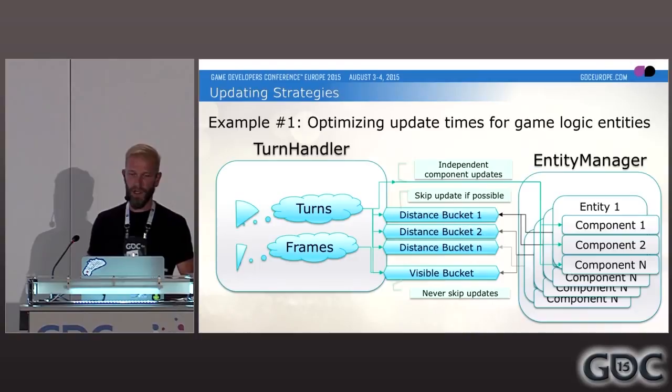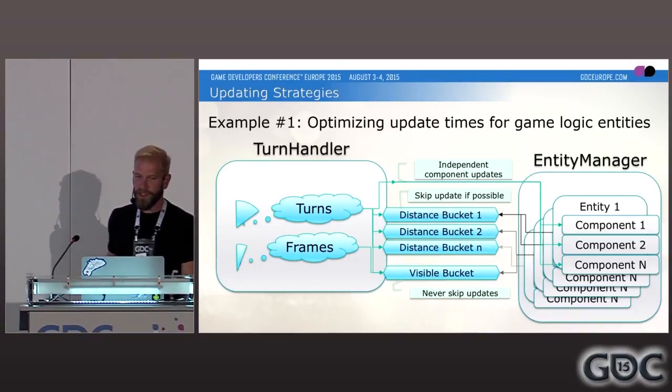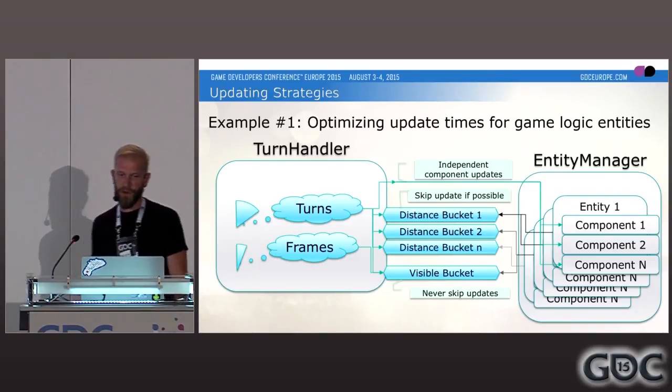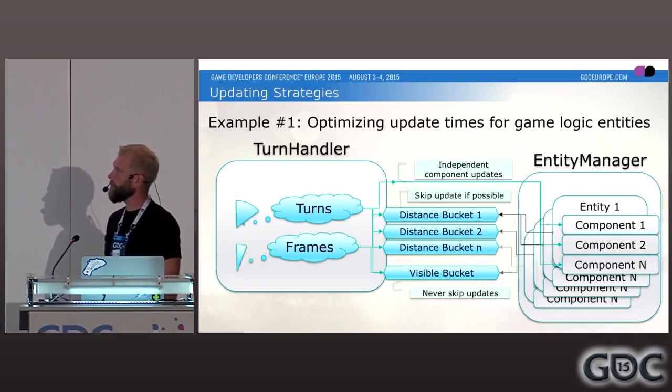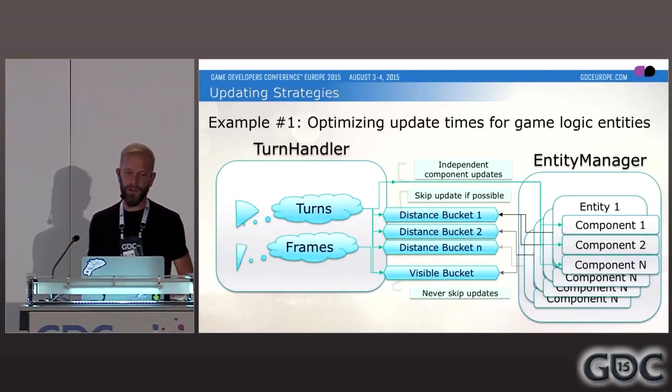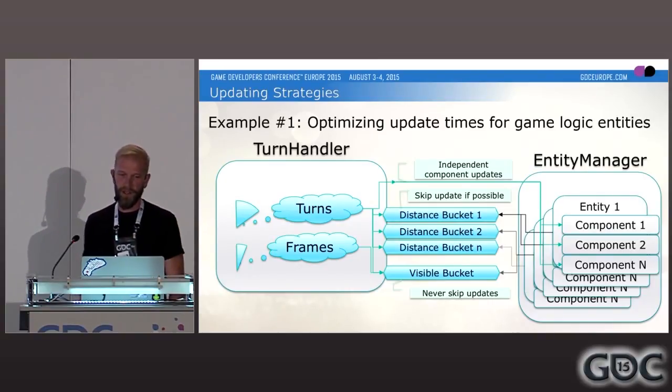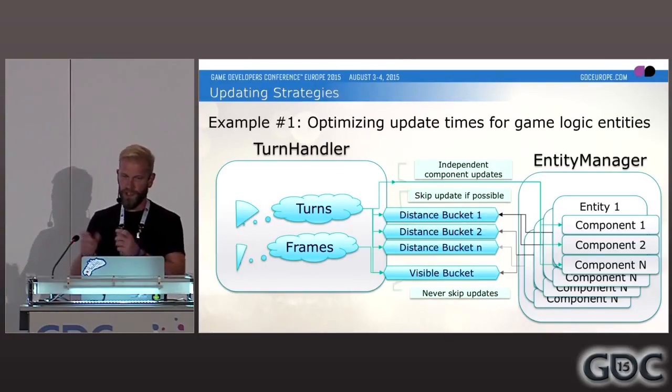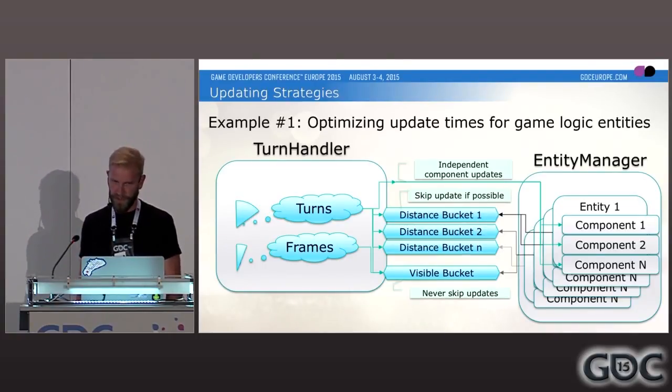We have this for game logic updating entities, as shown in this example. We have a turn handler that's able to have turn and frame-based updates, where the distance of the player to the actual entities defines how often these entities are updated. Visible entities will always get an update, while entities that are far away might get an update only once a second or even less. We interpolated positions a little bit to make sure that the player doesn't notice that too much.